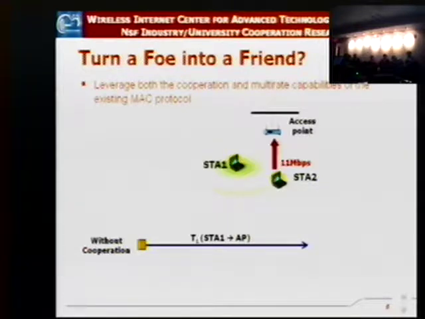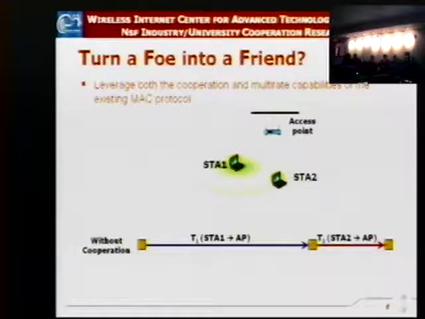After the end of the transmission of station 1, station 2 has the ability to transmit its own packet, and because it's close to the access point, it can transmit at a high rate, let's say 11 megabits per second. So the whole procedure of the two transmissions lasts the blue plus the red line.